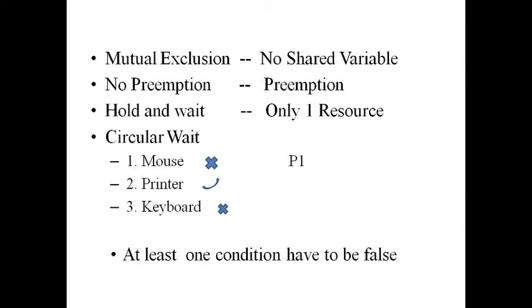If P1 is holding one resource, the second resource, that is printer, and if P1 requests one more resource, then P1 can take the resource in increasing order. That is, it can take the third number resource but not the first number resource.